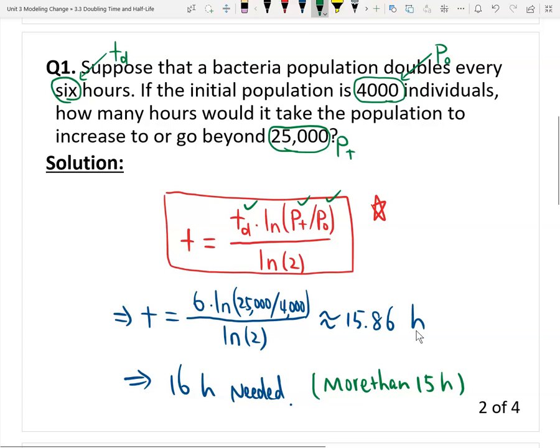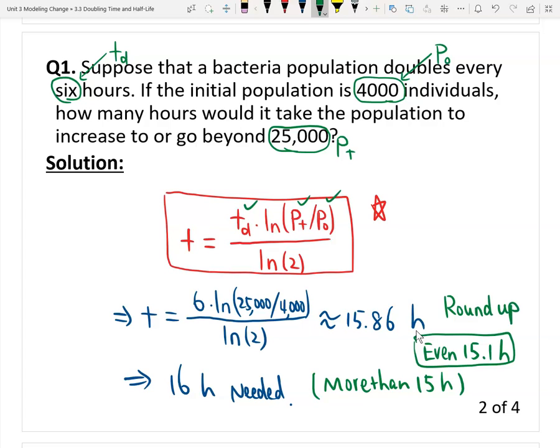Even if you get the answer 15.1 hours, you still need to round up. If the question asks you to round to the nearest integer, of course, then you follow that. If the question did not say that, you always round up. So this question needs 16 hours.